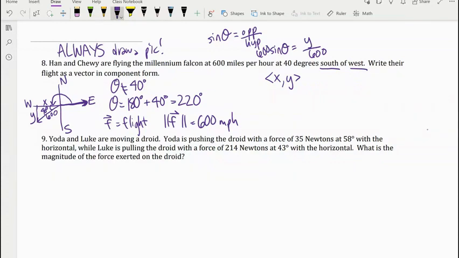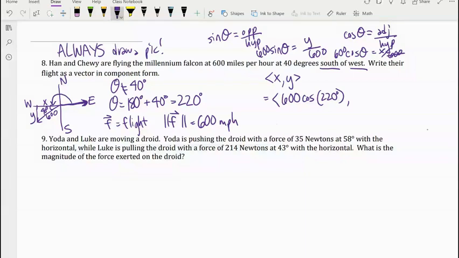And then same thing for x. Think about the CAH in SOHCAHTOA. Cosine of theta is equal to adjacent over hypotenuse. Well, then that means cosine of theta is equal to x over 600. So what does x equal? 600 cosine theta. So my x is going to be 600 cosine of 220 degrees.